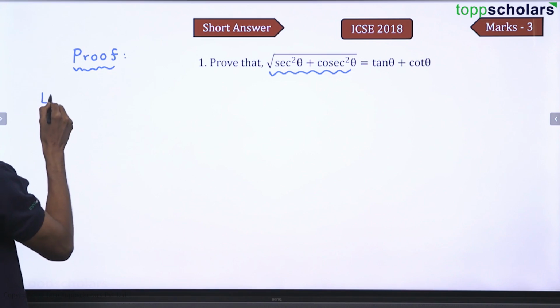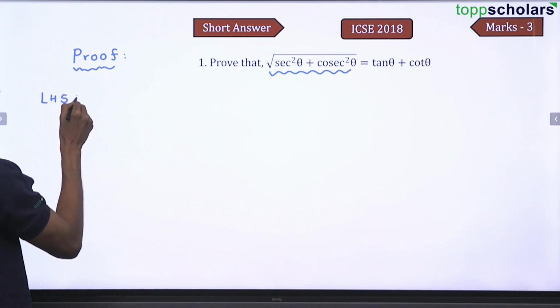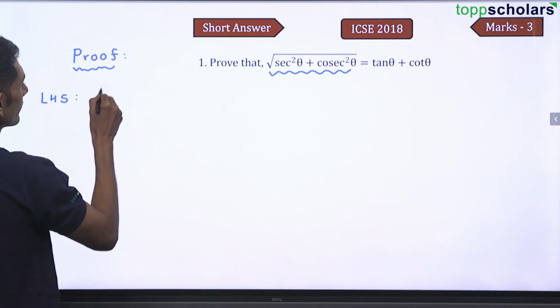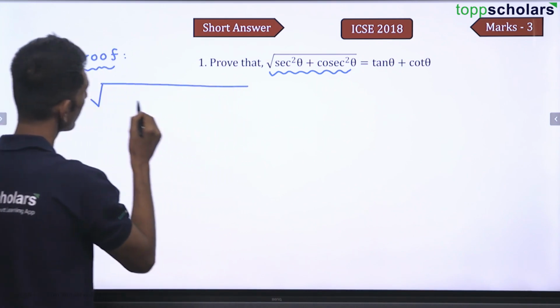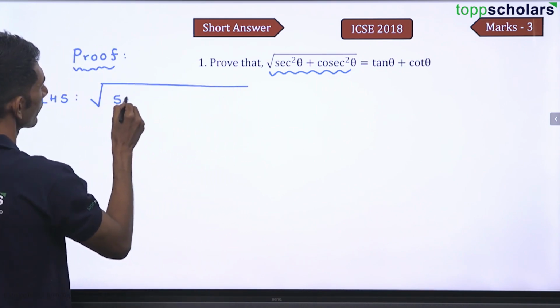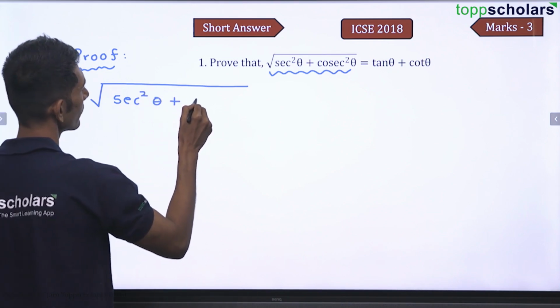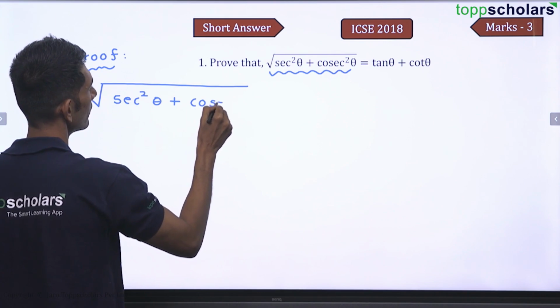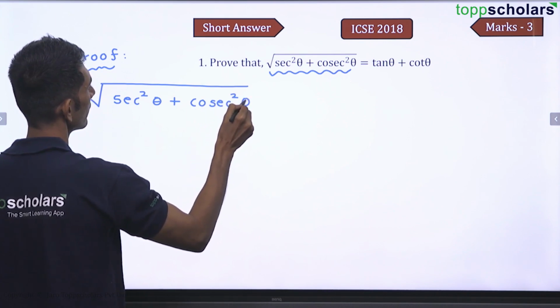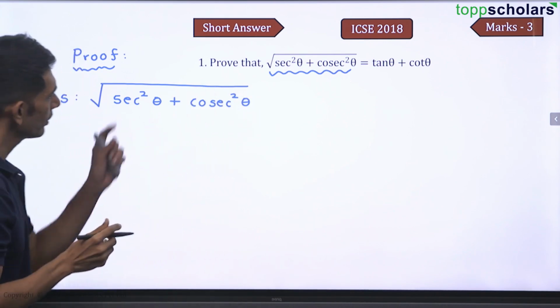What is the LHS? The LHS is under root sec square theta plus cosec square theta, right?